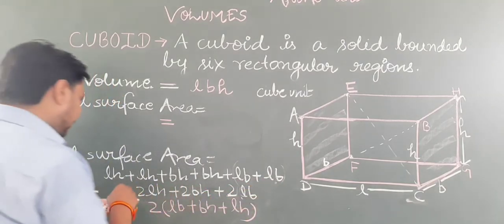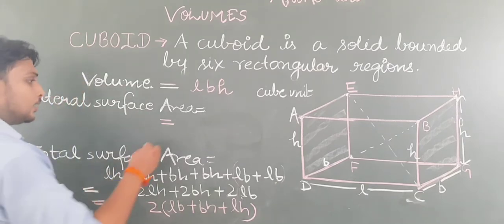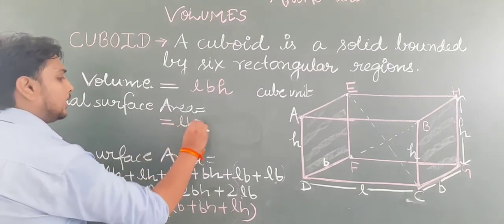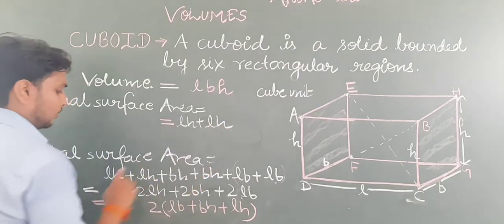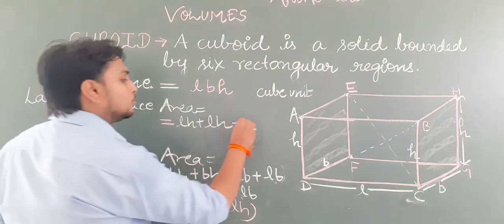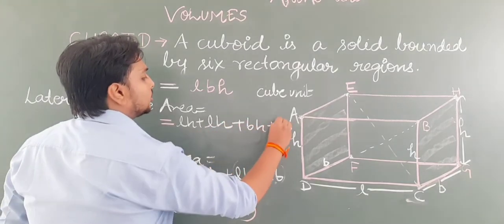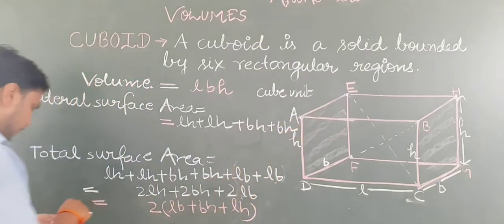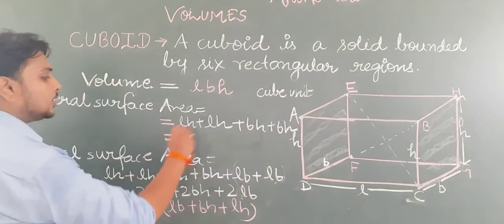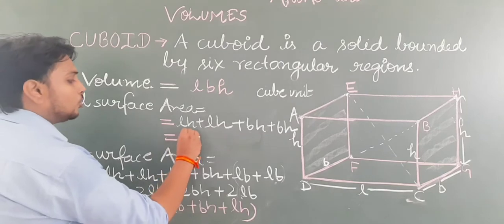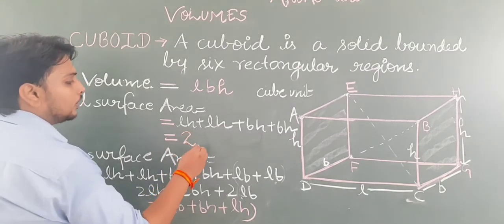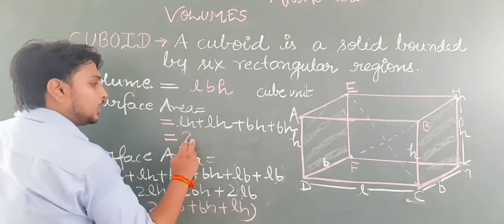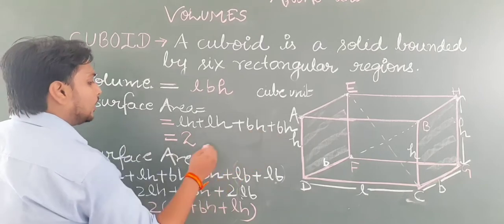So what is left for lateral surface area? What is left is LH plus LH, these two, and BH plus BH. If we arrange this, we get 2LH plus 2BH.